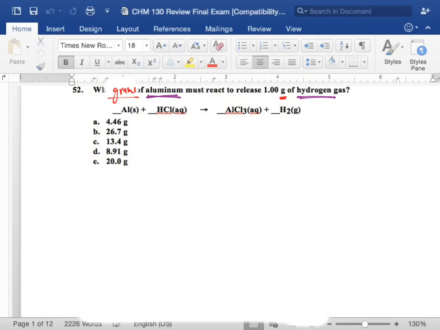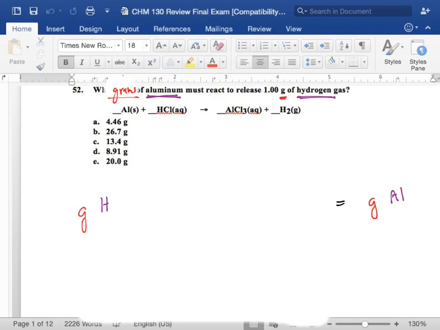Okay. So we go back to what we want. What do we want? Grams of aluminum. What am I given? Grams of hydrogen gas.